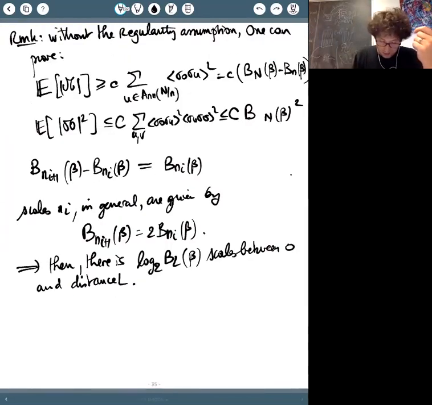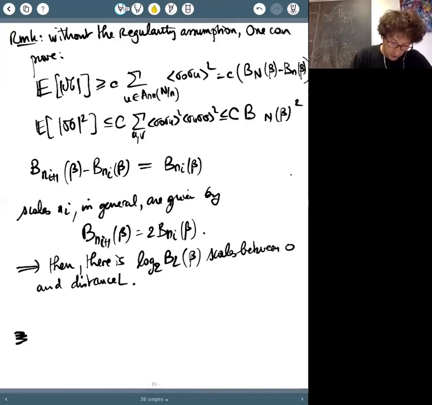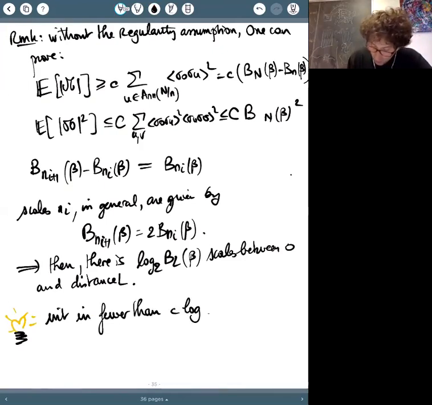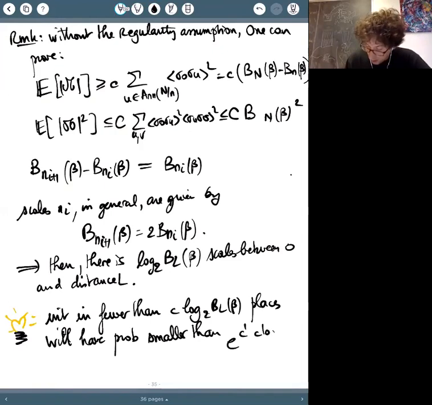So this is maybe the only thing I'm going to mention on the general case, because this is the nice part of the story for the general case: intersecting in fewer than small c log_2 B_L places will have probability smaller than exponential of c' c log_2 B_L(β). So something that is like B_L(β) to some constant.